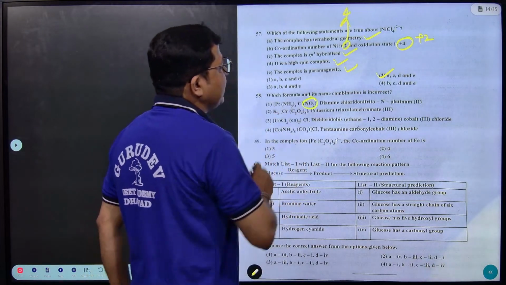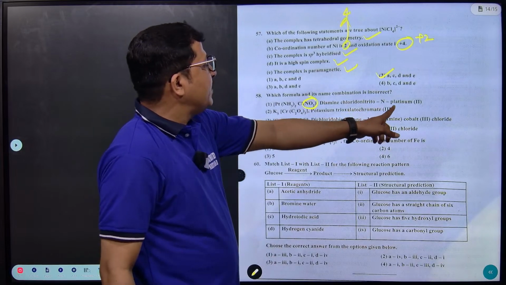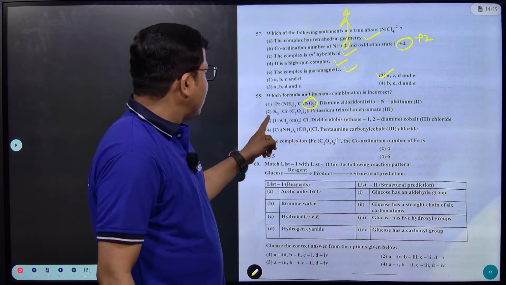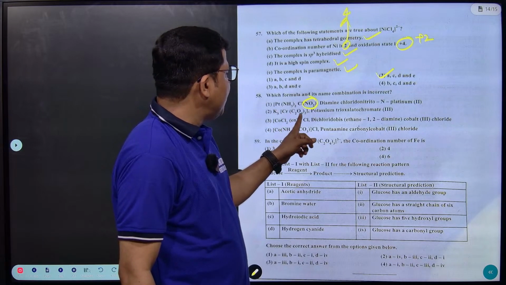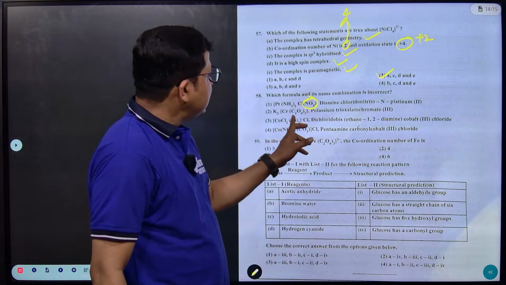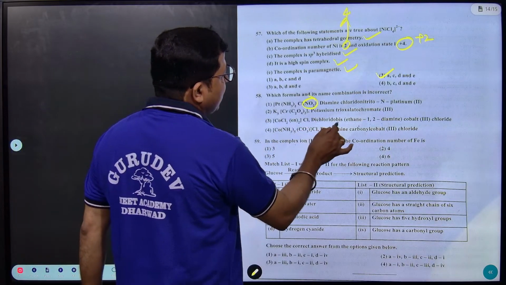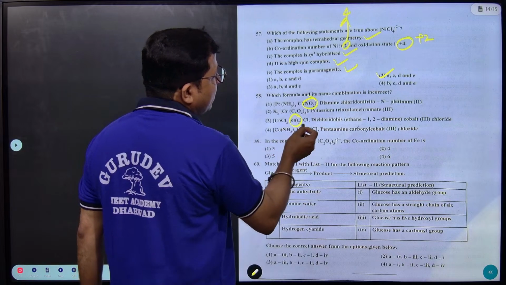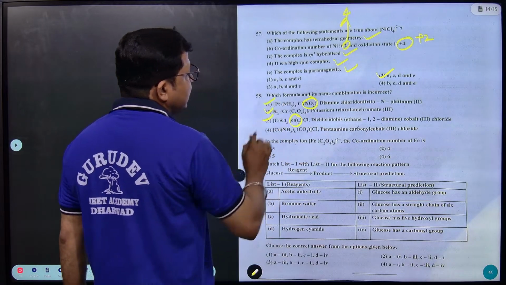So the first one, diamminechloridonitrato-N platinum(II). Here the nitrate group is coordinated through N, hence it is right. And K3[Cr(C2O4)3], this is potassium trioxalatochromate(III), this is also right. And the third one is dichloridobis(ethane-1,2-diamine)cobalt(III) chloride, this is also right, and these three are right.